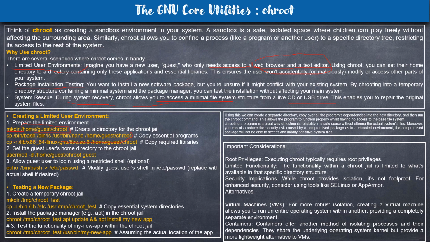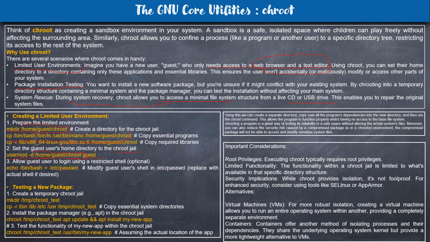Then we'll set the guest user home directory to the chroot jail. Okay, so usermod -d, home guest and chroot for the user guest. So basically this will be the root directory of guest, and only these commands will be available to the user to run. Okay, and then allow the guest user to log in using a restricted shell.